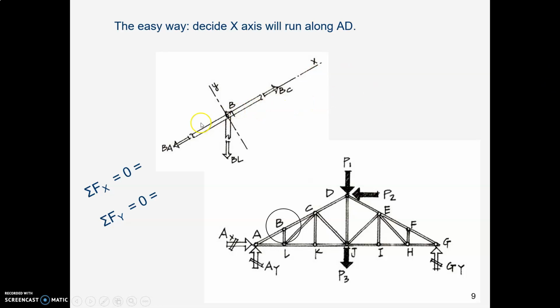And when we do that, if we call this sloping thing x, there are the x's, equal and opposite. They add up to 0. The only thing going in the y direction is this bar BL, and y adds up to 0, so that bar must be 0 also.